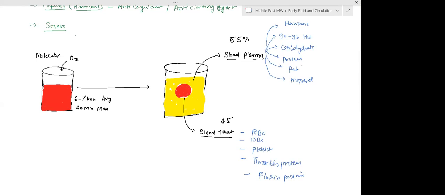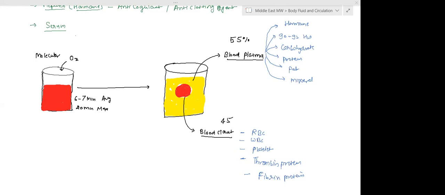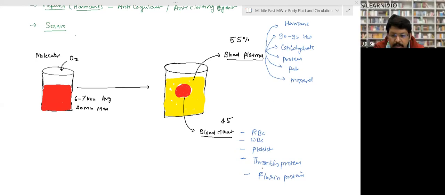So what's the first one in blood plasma? RBC, WBC, platelet, thrombin protein, and fibrin protein. And above, this is the hormone, carbohydrate, protein, fat, and mineral.